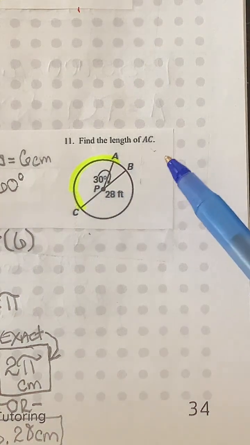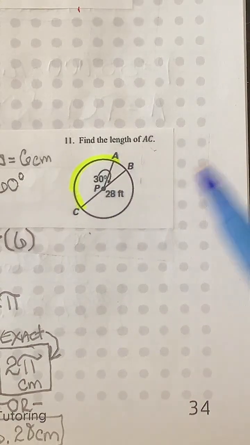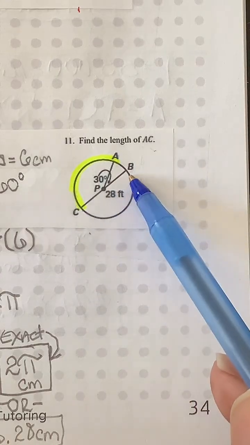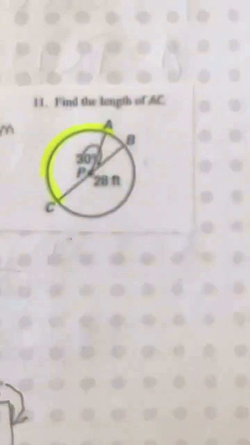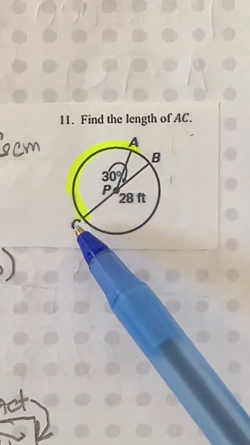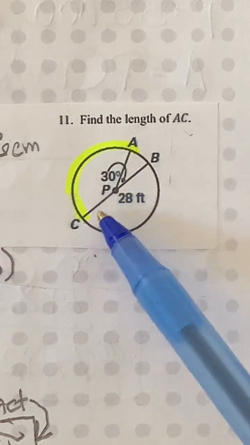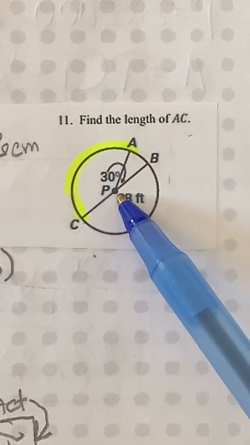All right, let's see. We're looking at, they're giving us a diameter. This is a lot of terminology that I was using last night, so I just want to do a quick refresher before I get to the next part. The diameter is a chord, or a segment, that goes through the center of the circle.